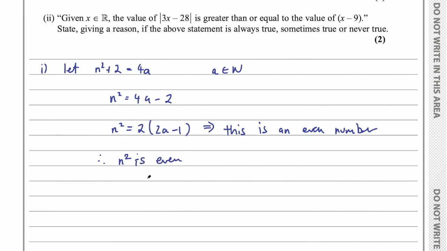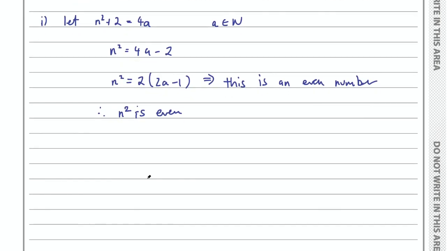Okay, and then if a squared number is even, we know that its square root must be even. So let's put that into a sentence. If n squared is even, n is even.